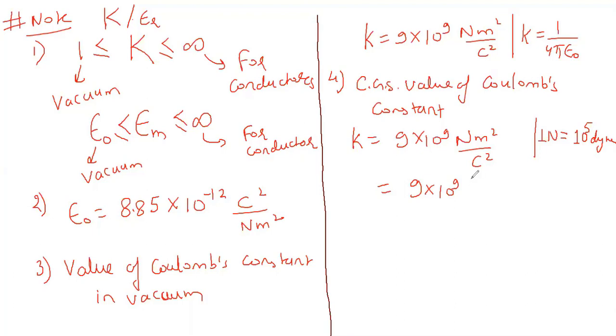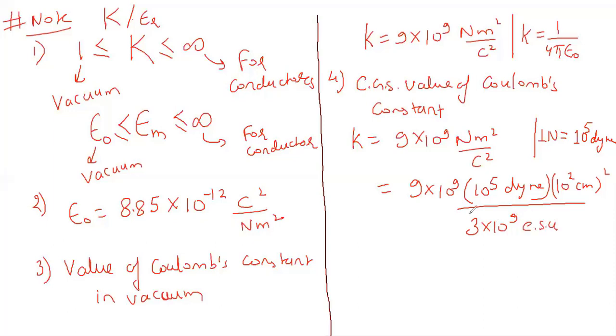So we will write here 10 raised to power 5 dyne multiplied by, now meter, so I'll convert meter into centimeter, 10 raised to power 2 centimeter whole square, and divided by coulomb. As we have studied today itself, when we convert coulomb into ESU, it will be 3 into 10 raised to power 9 ESU. So 3 into 10 raised to power 9 ESU whole square.